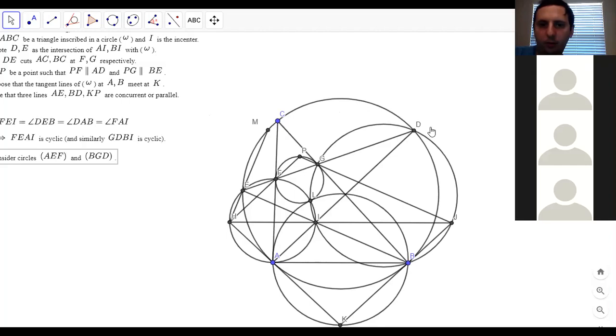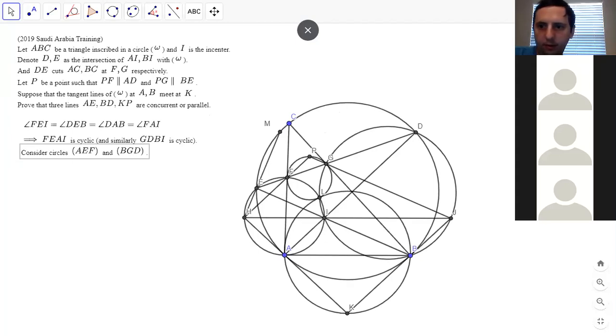Okay, I think your way works with the point M. I just want to read Nguyen's solution because I think it might be a little faster.